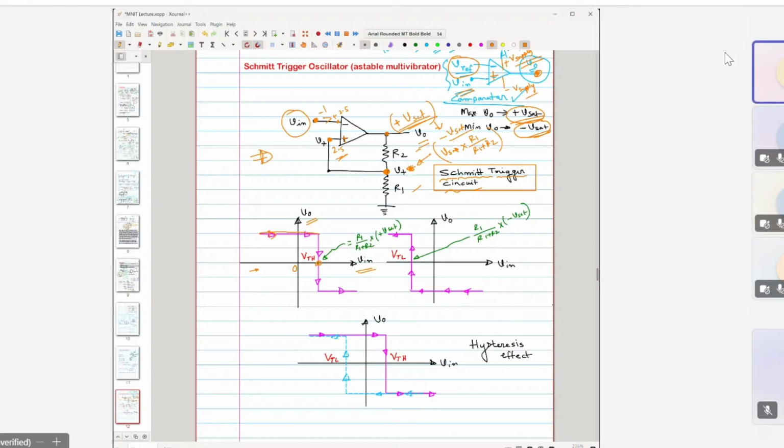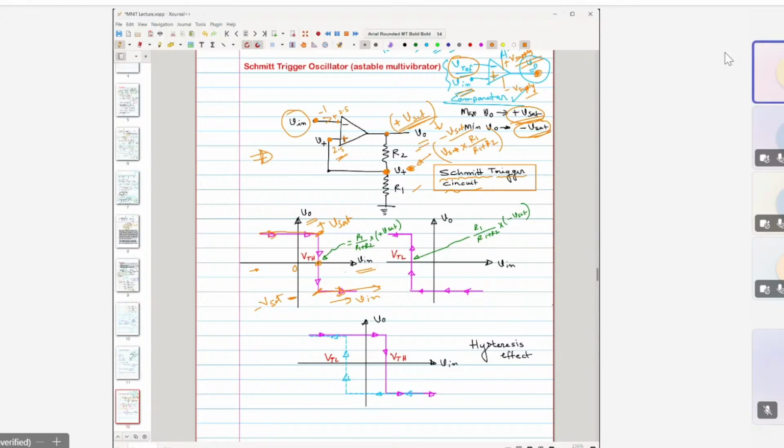You can see it here also: all of a sudden this potential goes from this plus V sat level to the minus V sat level. After that, if you further increase V in, it will sustain. I hope this part is clear to you.